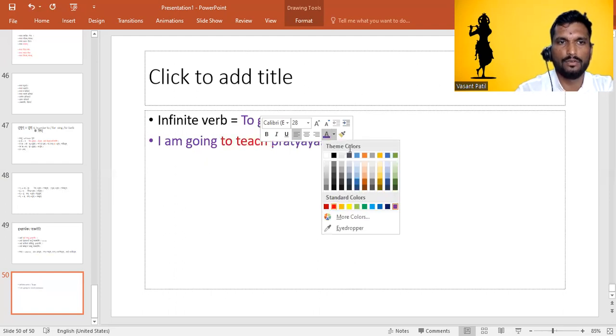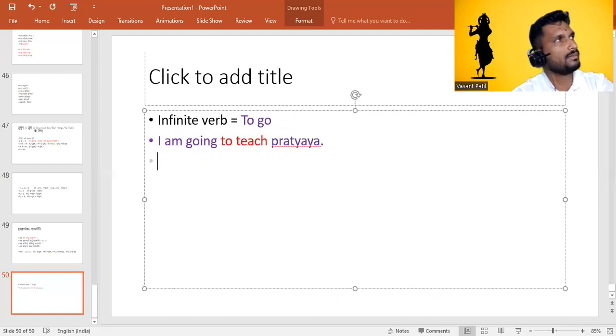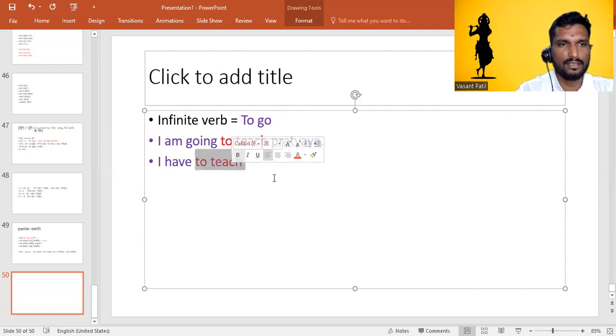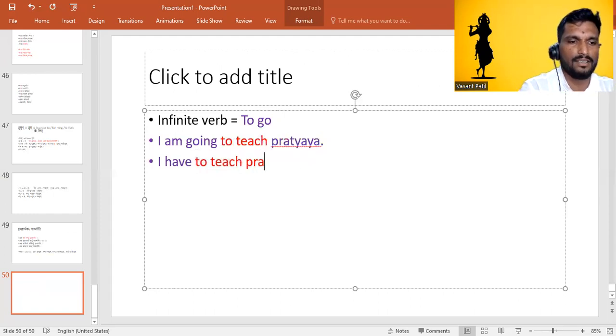This is infinitive form. I have to teach. See, to teach is not changing. I have to teach pratyaya or grammar.